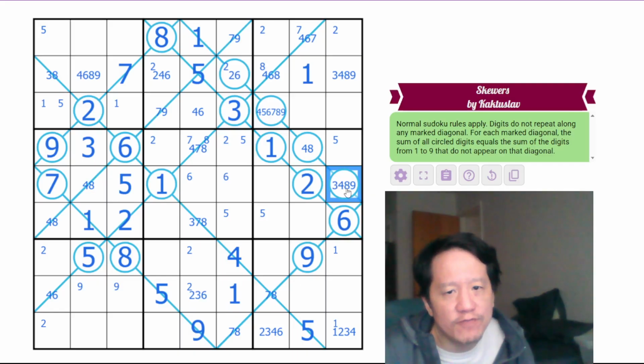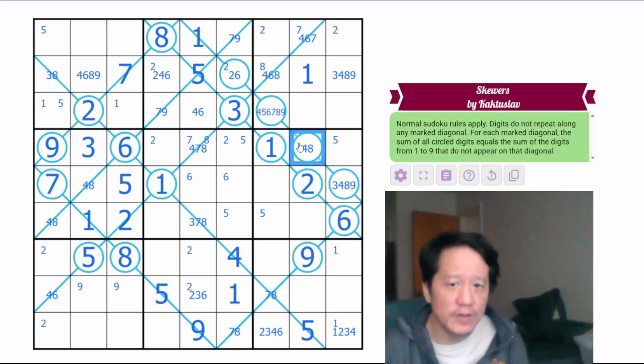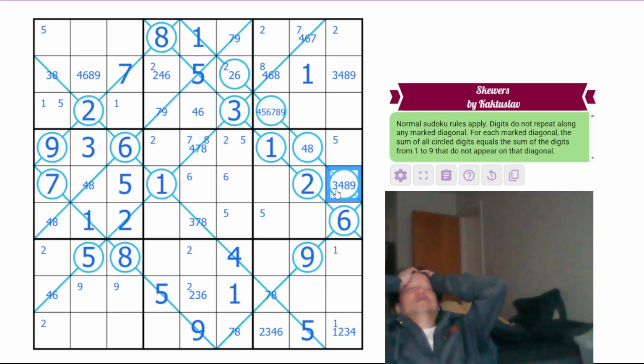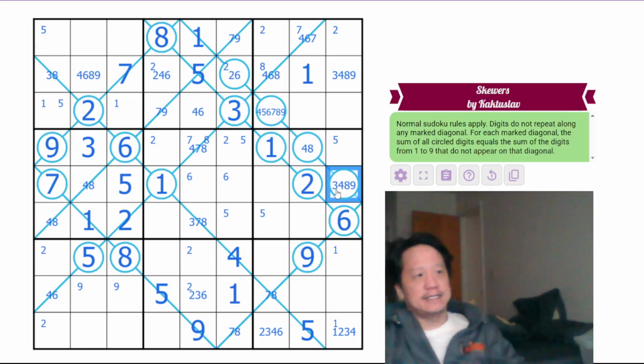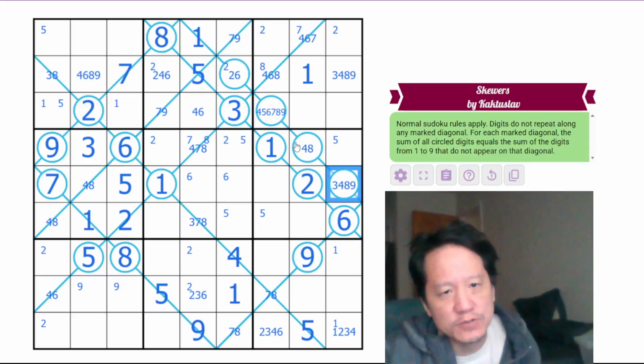Can you have another 4, 8 here? Maybe? If you have another 4, 8 here, that's 12, plus 6 is 18. That would require another 4, so that doesn't work with 6.